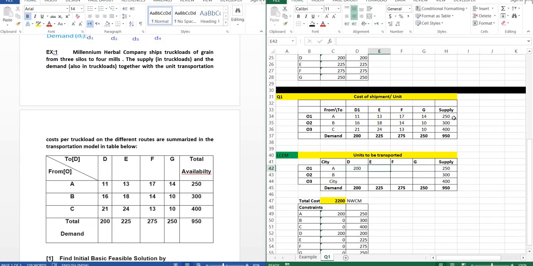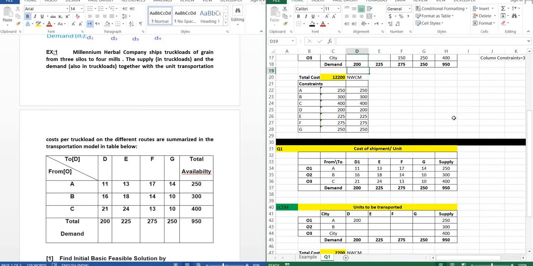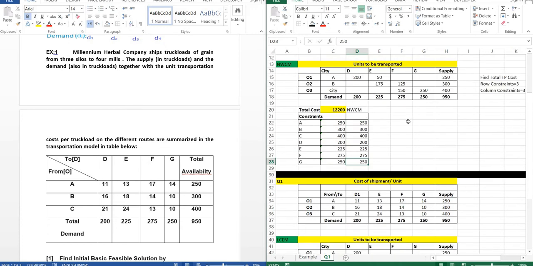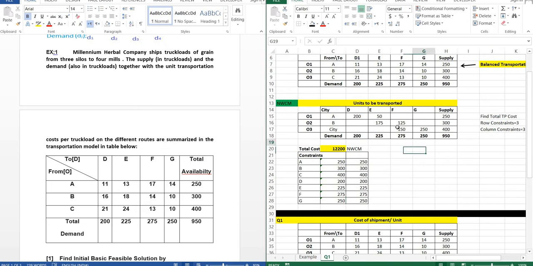Sir, can we tell the answer now? Yes, just wait a few minutes. Is it 12075? So the minimum transportation cost that I'm getting is 12200.